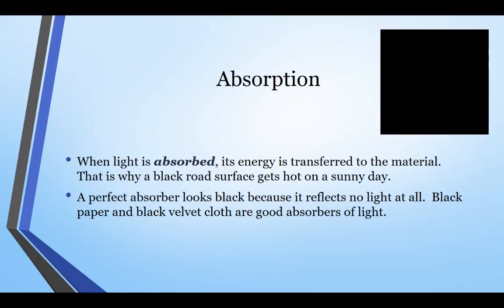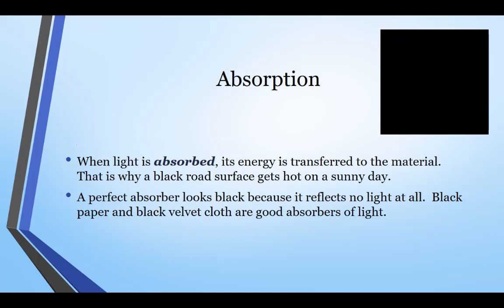The last one we introduced was absorption. When light is absorbed, its energy is transferred to the material. So this is actually an energy conversion like we talked about at the end of last term, when we looked at one form of light being turned into another. We talked about this in the last unit when looking at things like an incandescent light bulb.